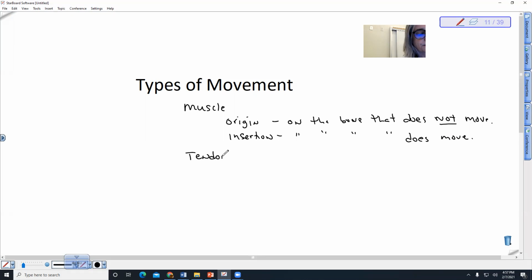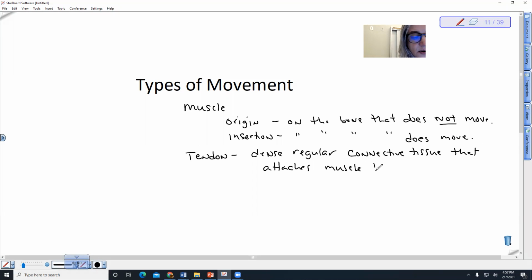The tendon is dense, meaning that it's got a lot of collagen, regular, meaning that they're all running in one direction instead of irregular, connective tissue that attaches muscle to bone. Okay. So when we look at movements, we can describe them in terms of their range of motion.